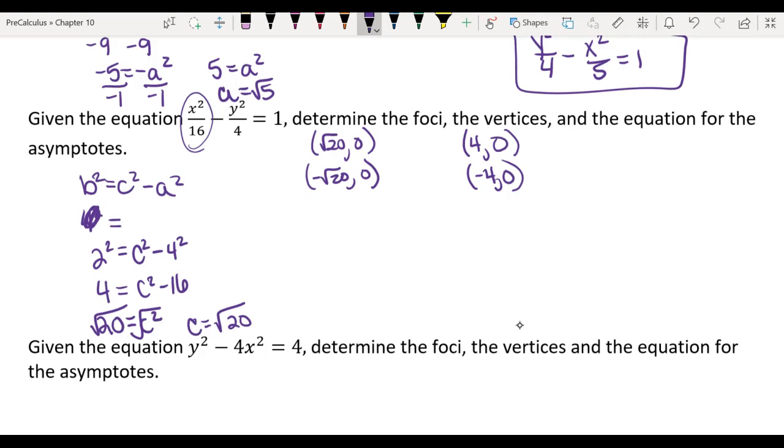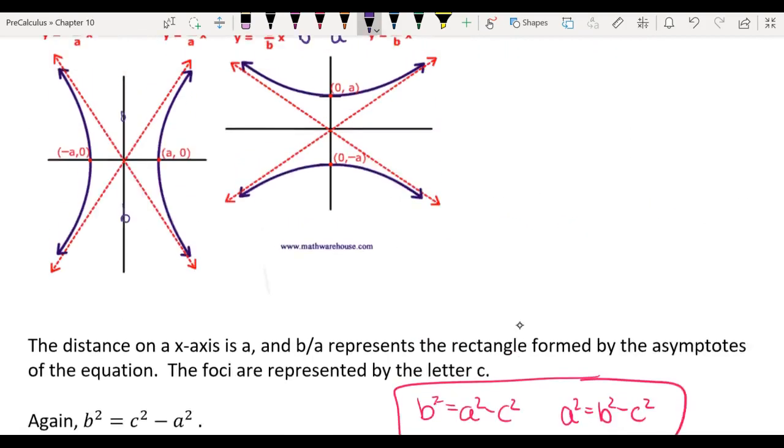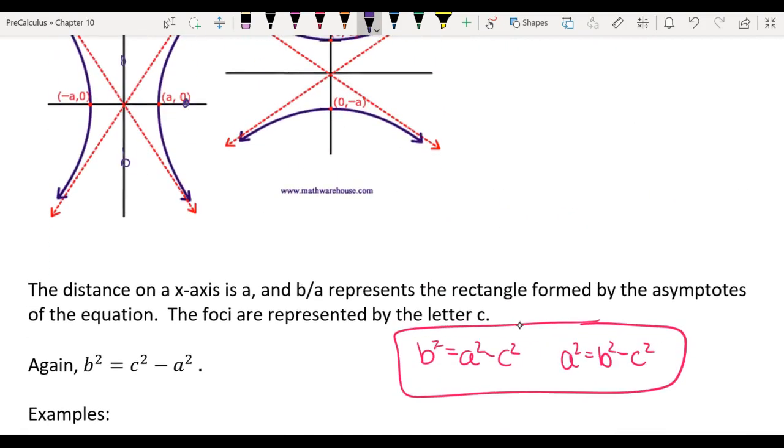Why would you have two focuses? Because you'd have one on the x-axis on this side and one on the x-axis on that side. They're different.